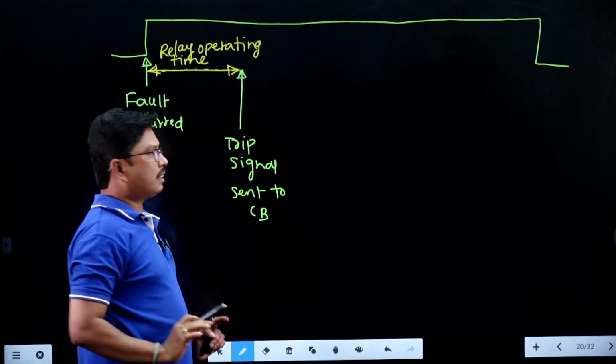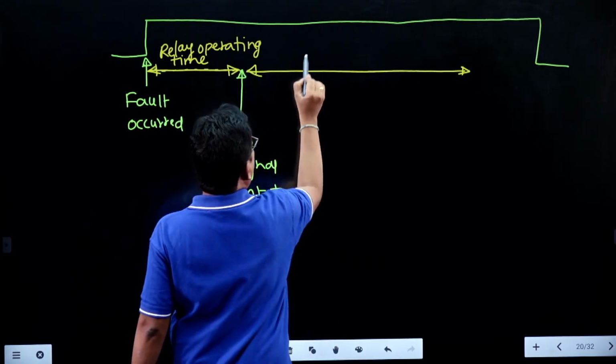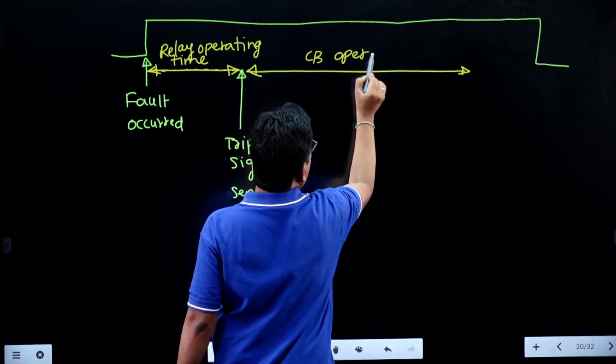Whenever the relay operating time completes, immediately the CB operating time starts.